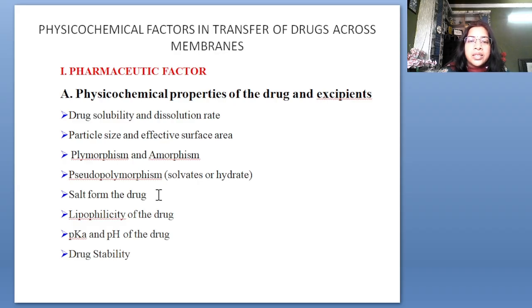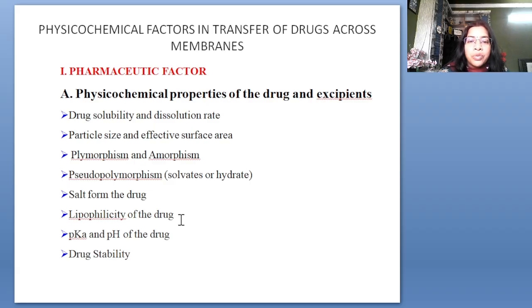It basically stabilizes the drug. Acidic drugs will bind with cations, and basic drugs will bind with anions. So salt forms of the drug like maleate, sodium salt, potassium salt, likewise, they exist in the salt form.